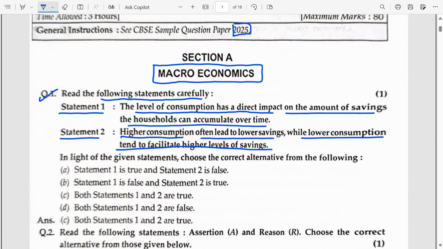We had learned in our lectures that consumption and savings add up to income. So obviously an increase in consumption will reduce savings and a fall in consumption will increase savings. If I quickly come to the whiteboard to explain this to all students, I am just writing the main heading for completeness.